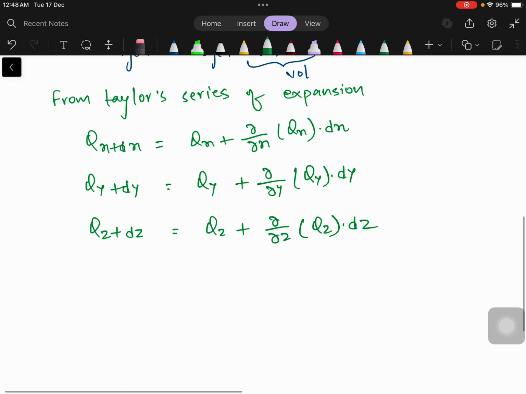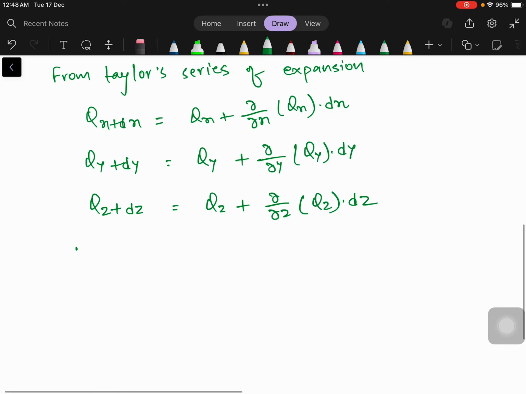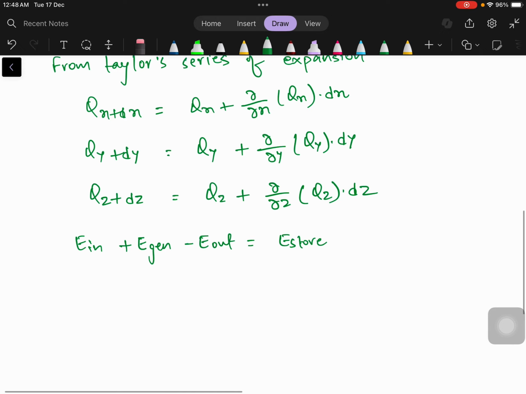Now from the energy balance equation we know E in plus E generated minus E out is equal to E stored.